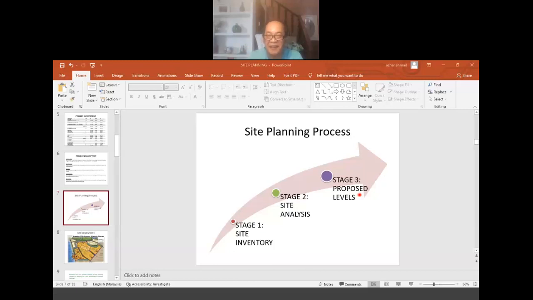The cut and fill is the secondary process, okay, it follows the proposed level. So the most important stage is to come up with a proposed level, and that proposed level has to be based on certain assumptions, on certain observations and so on, which will be highlighted in stage 1 and stage 2, right? So moving on from here.